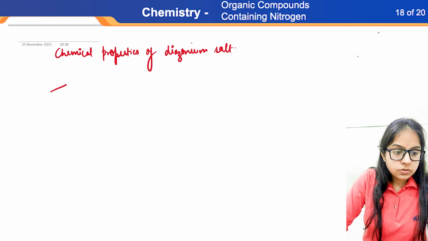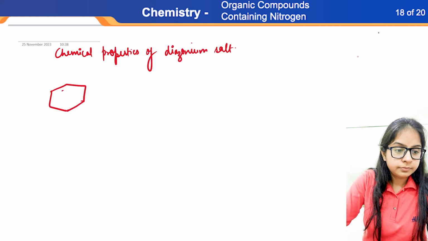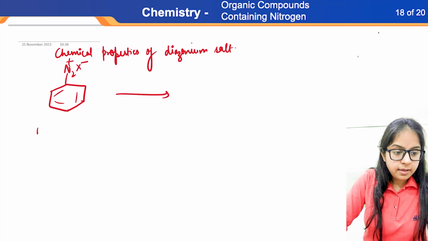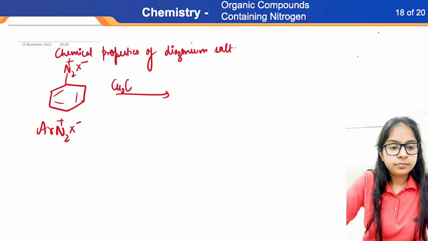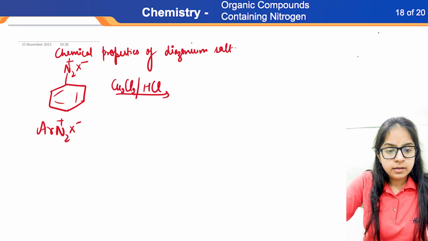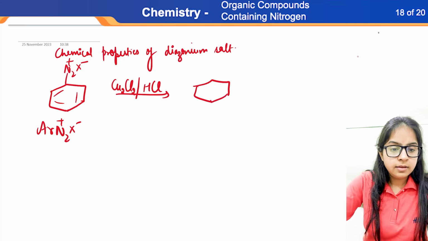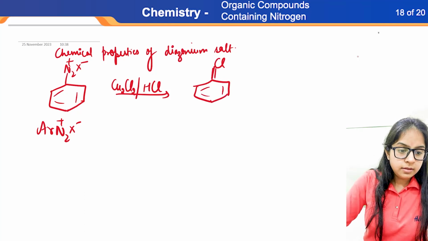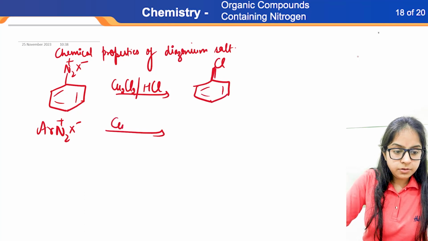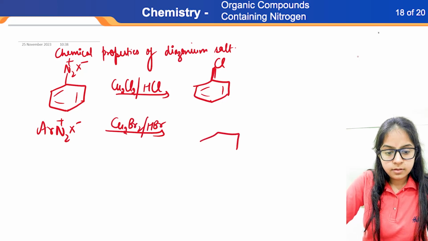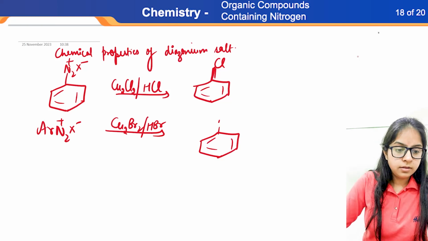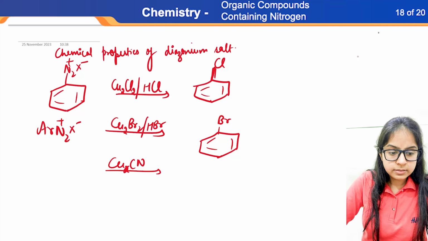Okay, this is diazonium salt, N2 positive X negative means Ar N2 positive X negative, Cu2Cl2 HCl, you will get Cl, Cu2Br2 HBr, Br, CuCN.